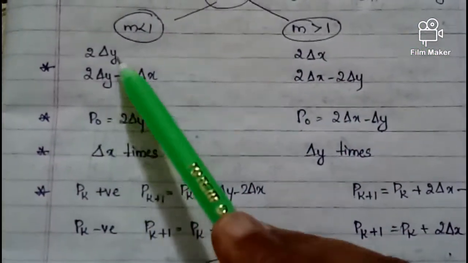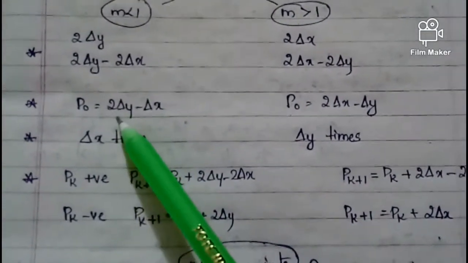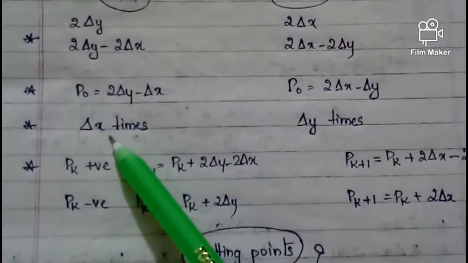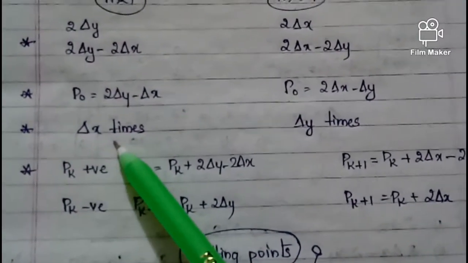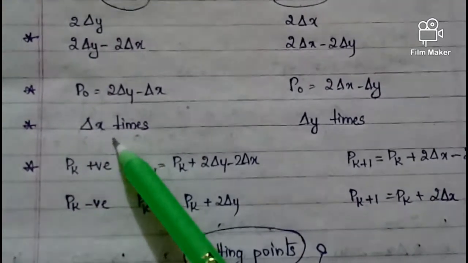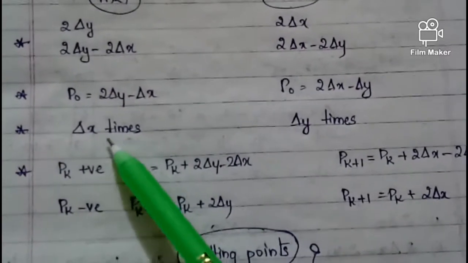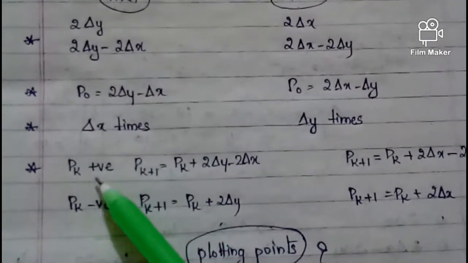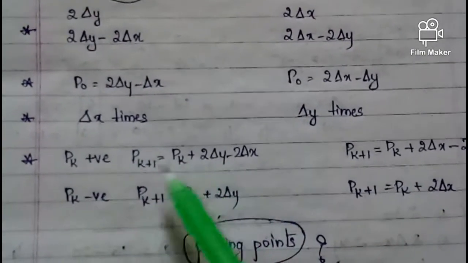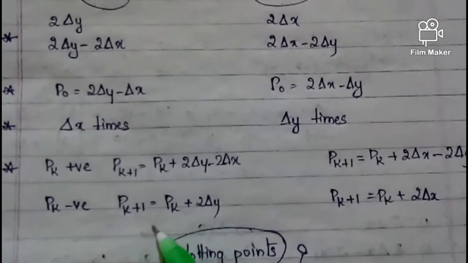In the first algorithm, find these two constants, then find the value of p0, then repeat the steps delta x times to find all the pixel positions which lie within the starting point and ending point. In each step, if pk is positive, use this equation to find pk plus 1. And if pk is negative, use this equation to find pk plus 1.